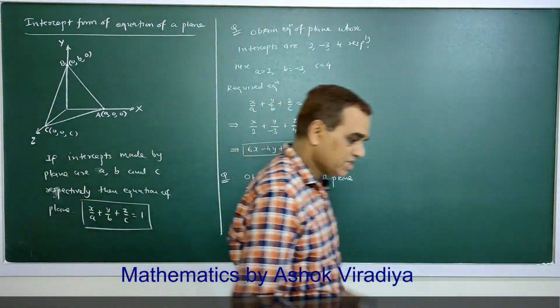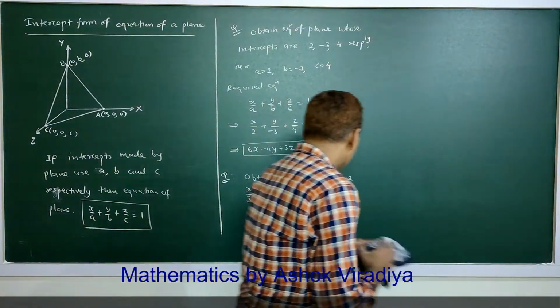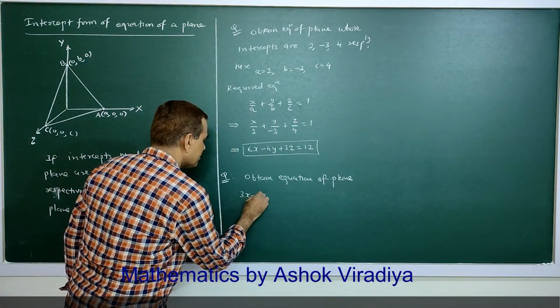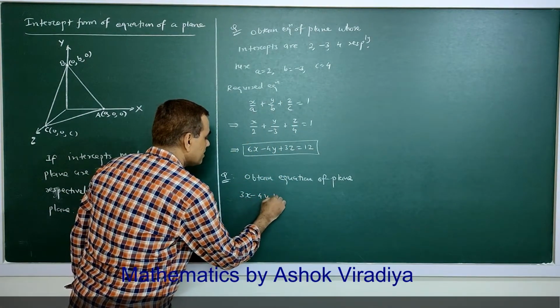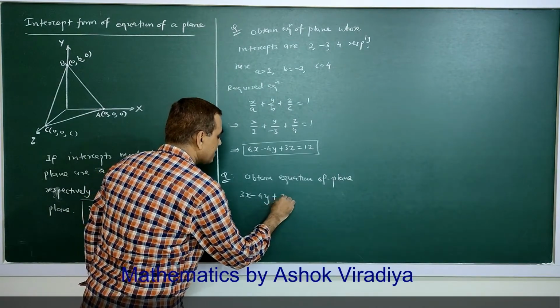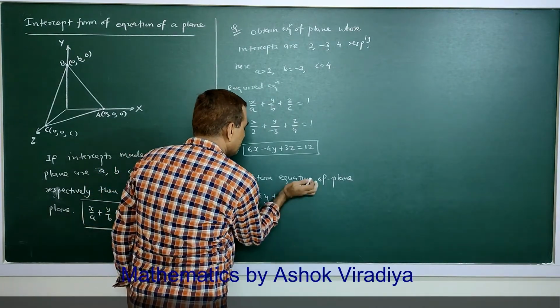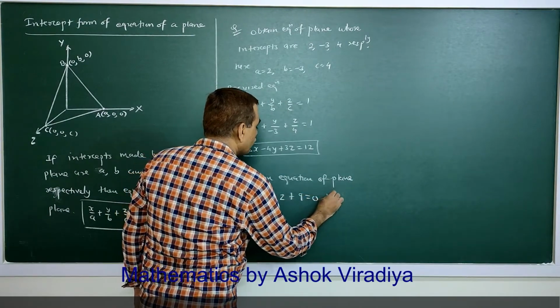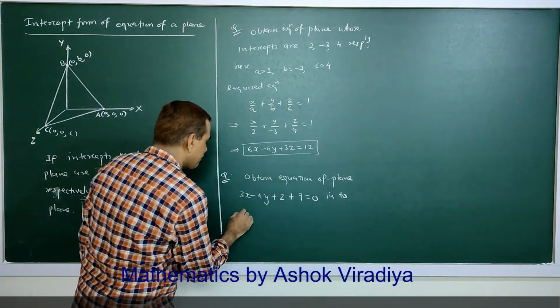Sorry, I have to change this equation. Obtain equation of plane 3x minus 4y plus z plus 9 equal to 0 into intercept form.